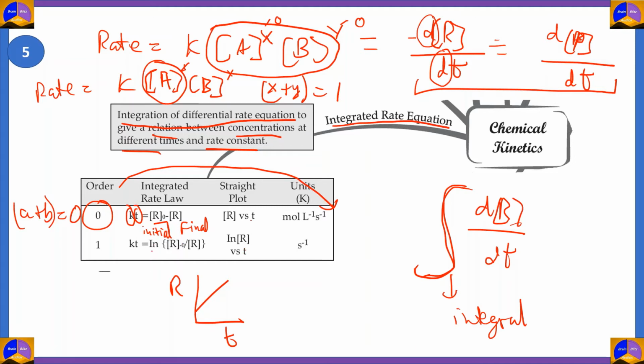In this case, kt is equal to ln [R]0 divided by [R].